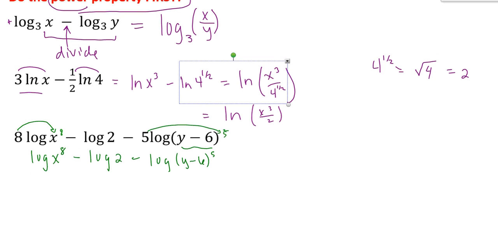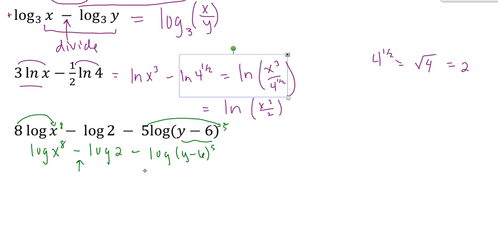Okay, let's combine it into 1. Both of them are subtract. This guy's not, he's positive, so our single log, the x to the 8th goes up here on the top. It's positive, there's no way it subtracts, so it would never go on the bottom. How about minus log of 2? It's minus, which means it's going to go in the denominator.